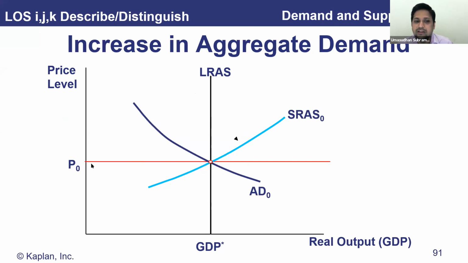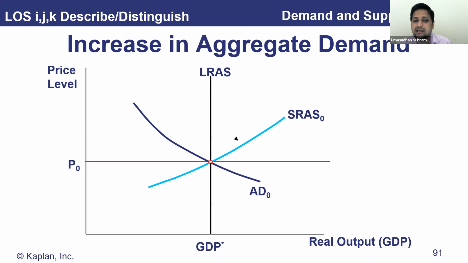You are here. Are you at full employment? Let's start from the beginning. Are you at full employment now? The beauty of this curve is this: your short-run aggregate supply and long-run aggregate supply are intersecting. So the economy is at full employment.